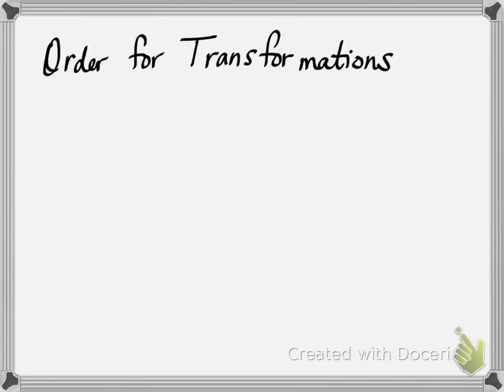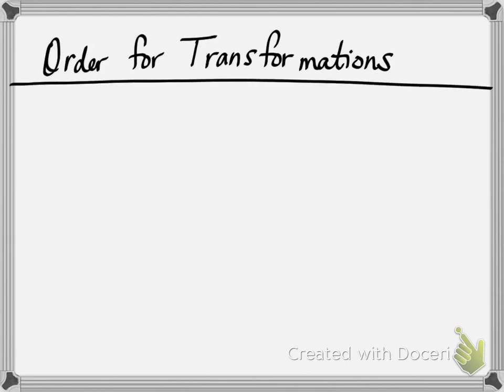So we're going to talk about the order of transformations because some of the problems were a little bit confusing as to what you should do first. There's a little bit of lack of consensus on some of this.